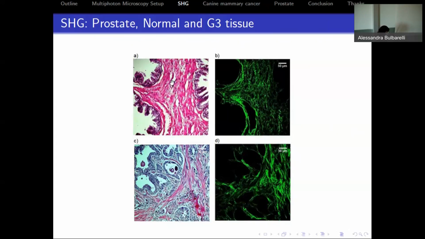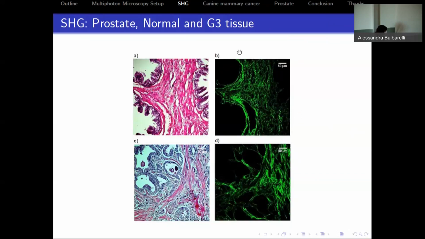And we imaged it with the second harmonic intensity. So this green image here is the intensity of the second harmonic at the same position of this HE microscope image. And that's an example of a normal healthy tissue.